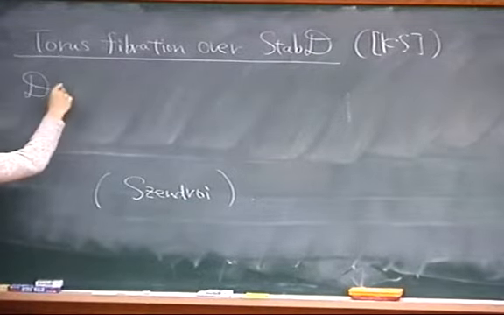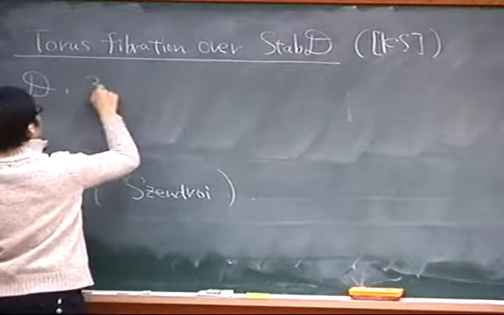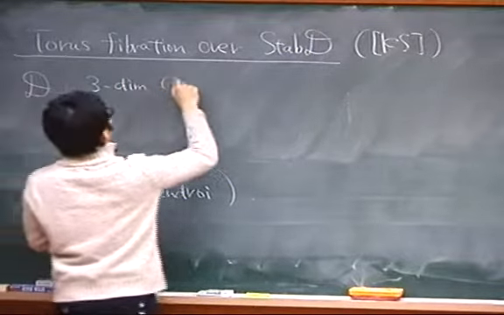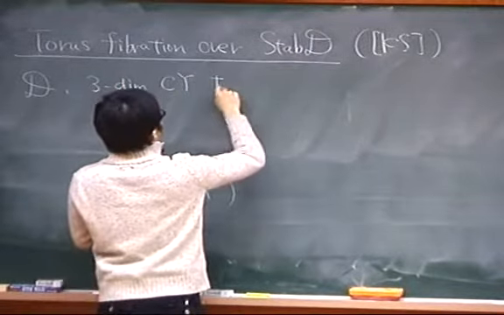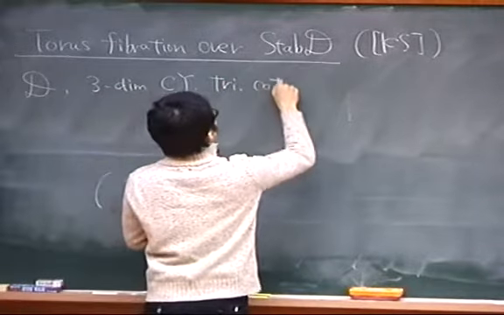So let D be a three-dimensional Calabi-Yau triangulated category.